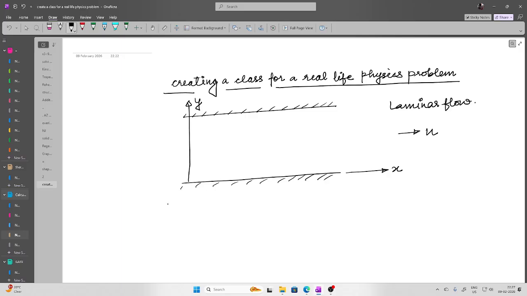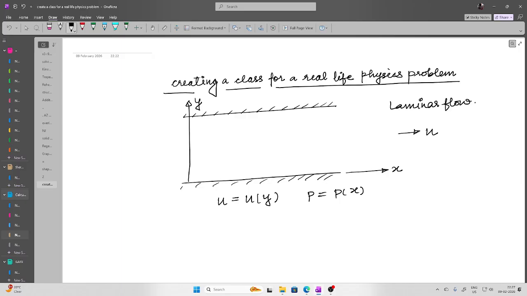So this will result in two very interesting things: u will become a function of y, and as this is flow in one confined passage, the pressure will also come into the picture. The pressure will become a function of x.